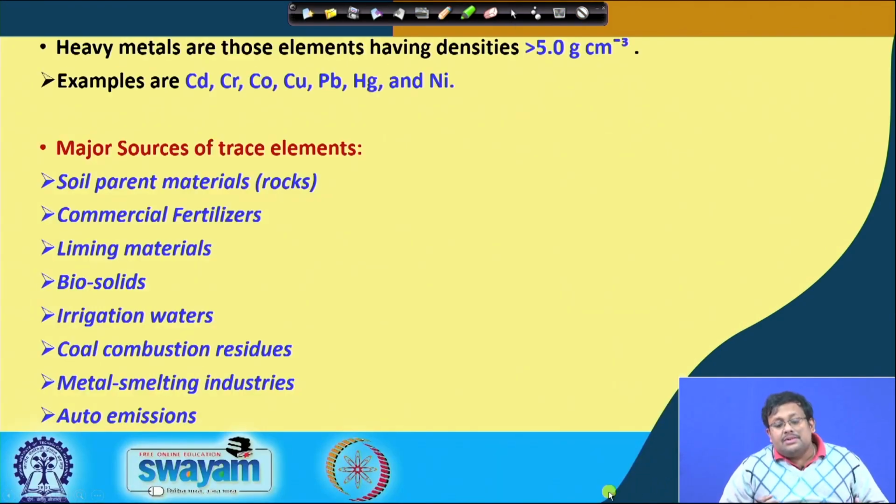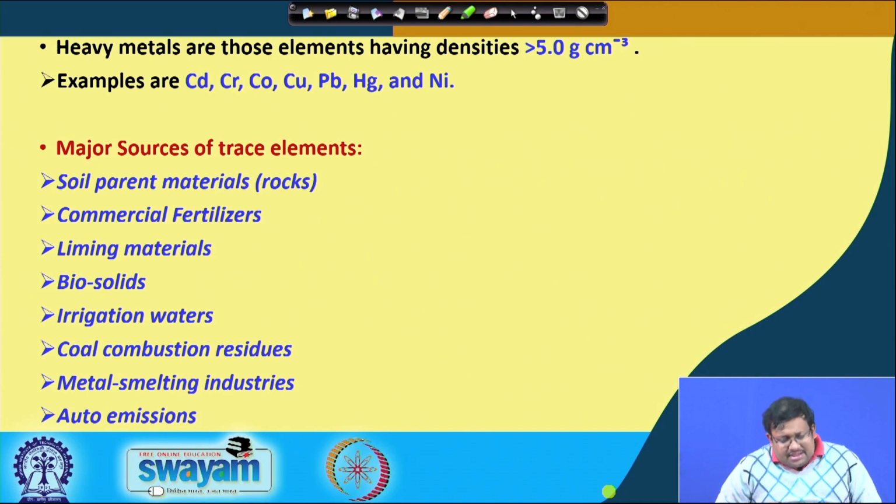Heavy metals are those elements having densities greater than 5 gram per cc, and some examples of heavy metals are cadmium, chromium, cobalt, copper, lead, mercury and nickel. What are the major sources of the trace elements? One of the major sources is geologic sources.